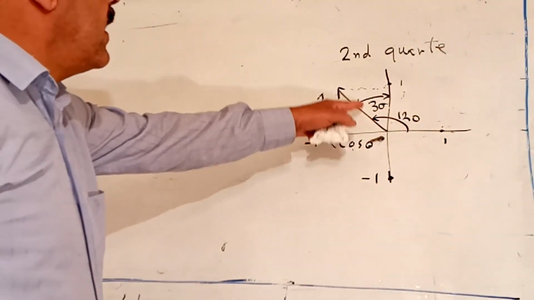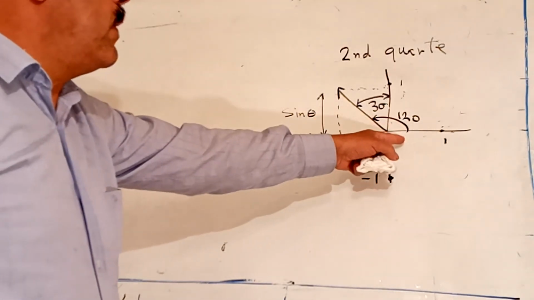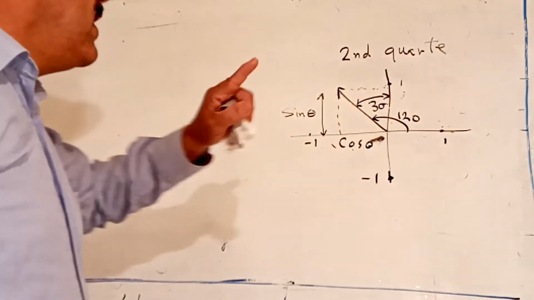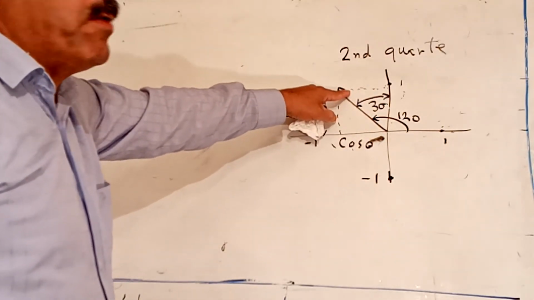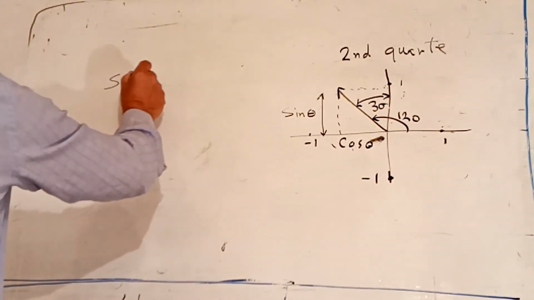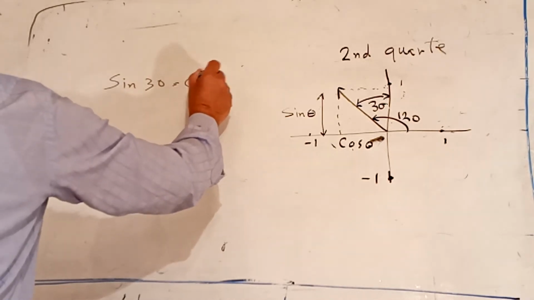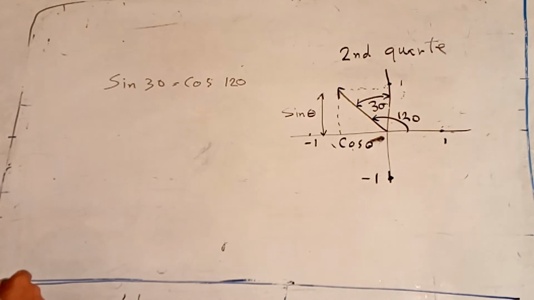Wow, this is sine 30. Is cosine 120 equal to sine 30? We'll check our calculators.